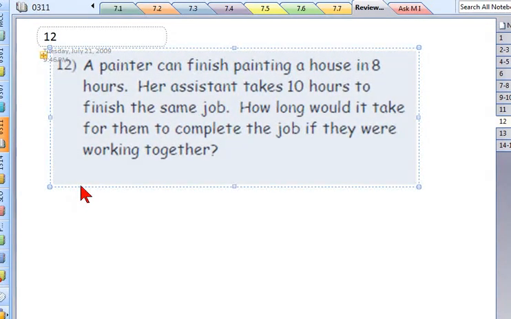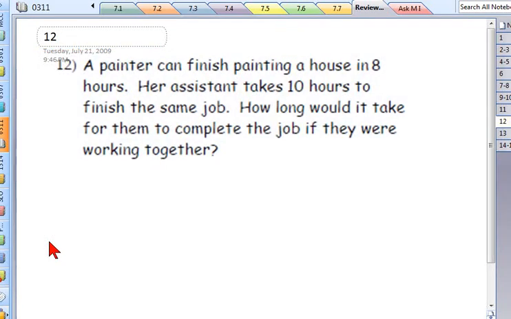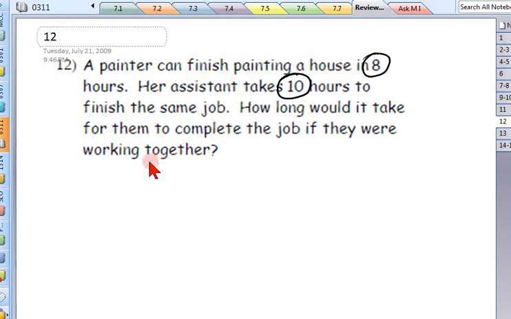All right, it says, a painter can finish painting a house in 8 hours. Her assistant takes 10 hours to finish the same job. How long would it take for them to complete the job if they were working together? All right, I have an individual time of 8. I have an alone time of 10. And I have a question about together.